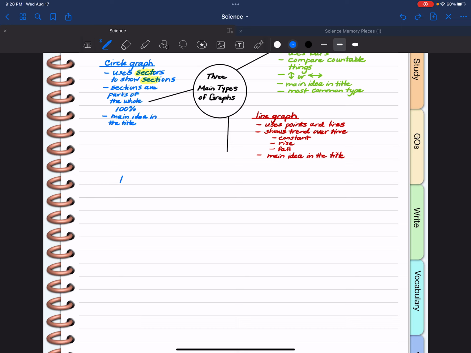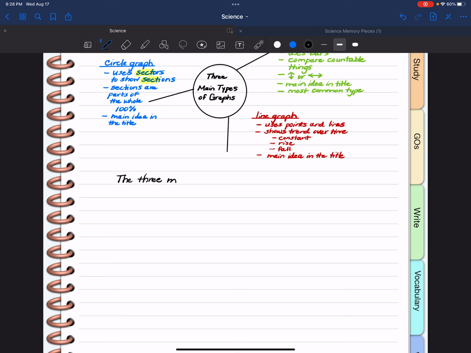The 3 and you want to spell out words. Don't use abbreviations or symbols. You want to be formal when you write.